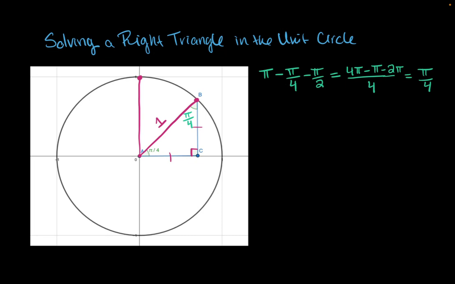Whatever the length of this side A to C is, then C to B will have the same measure. But I'm also noticing that this side here is on the x-axis, and so this would be a distance of x in our x direction.